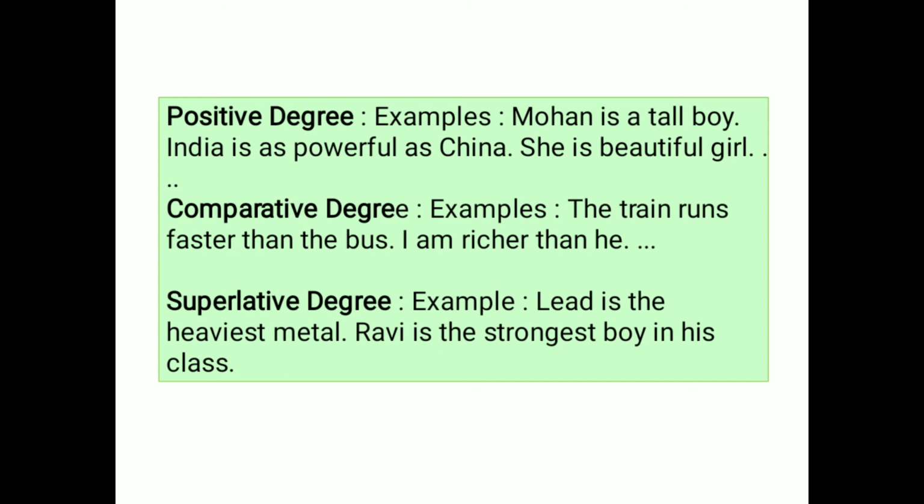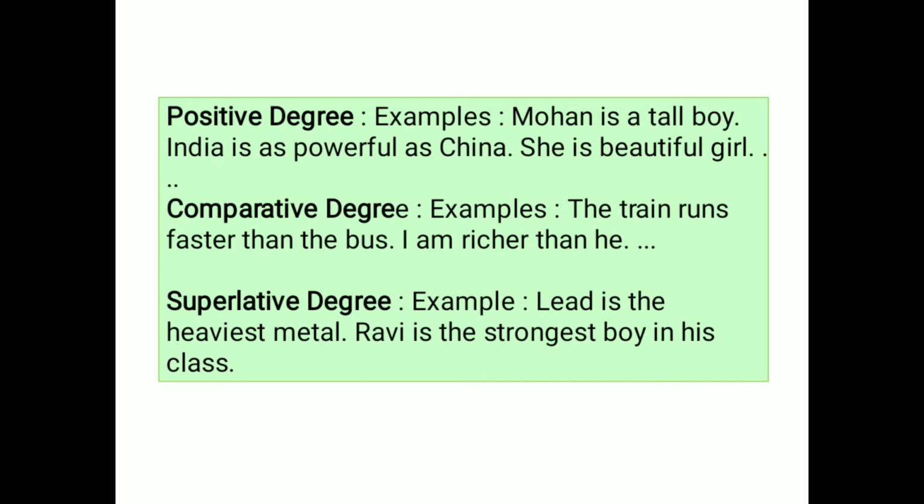This is called superlative degree. In this example, Ravi is the strongest boy in his class. There is nobody as strong as Ravi. This is called superlative degree.